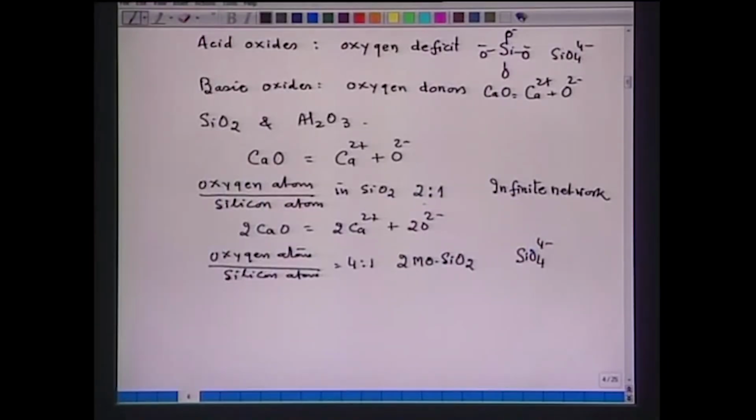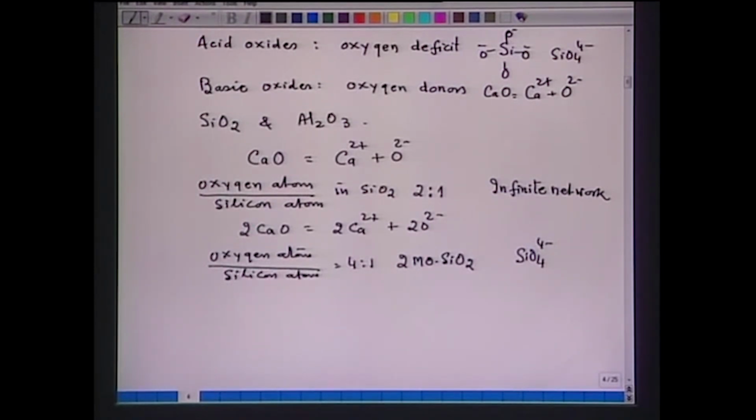So, from the structural point of view, the addition of calcium oxide decreases the viscosity of slag. Now, between the ratio 2:1 and 4:1, for example, you have the ratio 5/2 or 3:1 or 7:2.